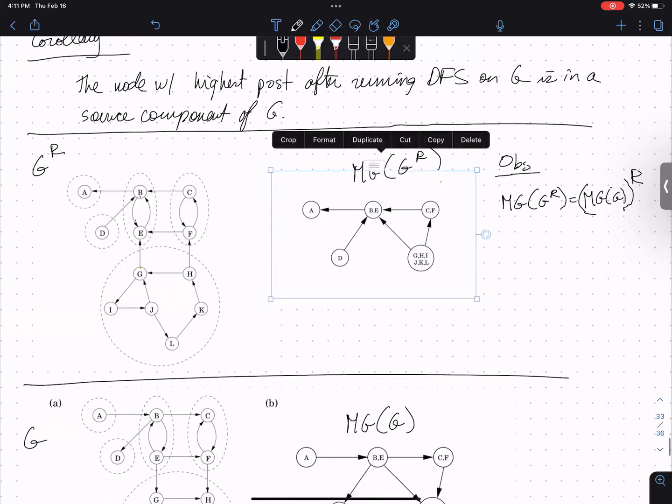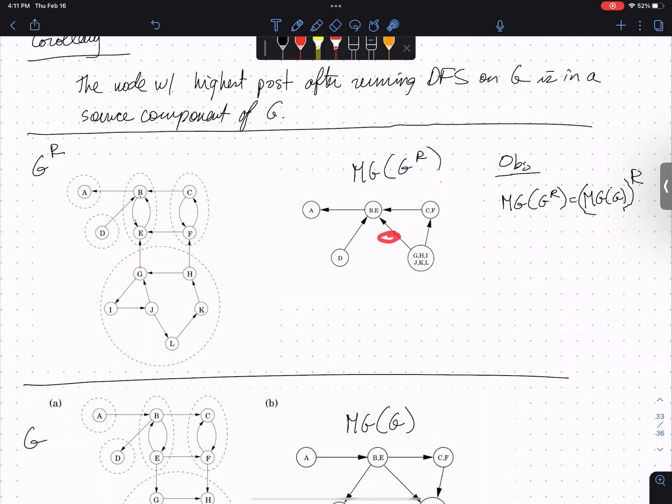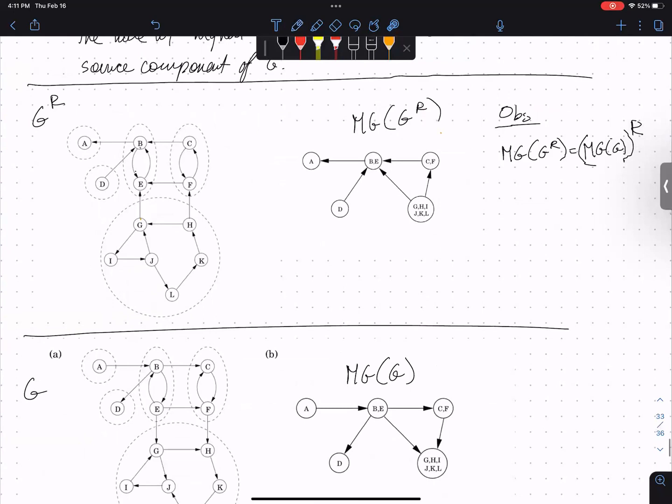So the metagraph of G after it's reversed is the same thing as taking G, then its metagraph, then reversing it. And so we can either go like this or we can go like this.